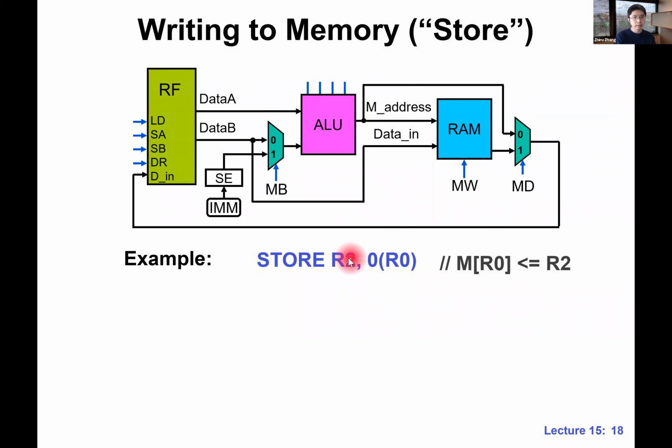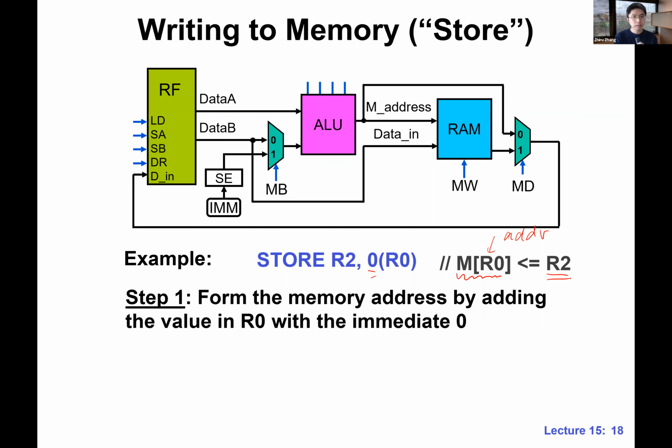We actually want to write the value of a certain register to this specific location. Since the offset is 0 here, we are just writing to this specific location in the memory. We're going to update this memory location with the value of R2. This is the meaning of the store instruction. Store is the memory write.